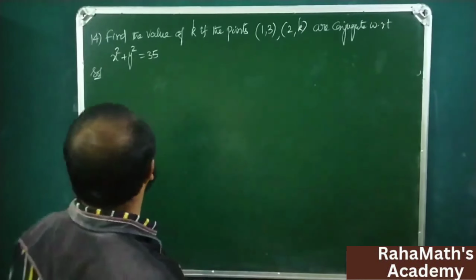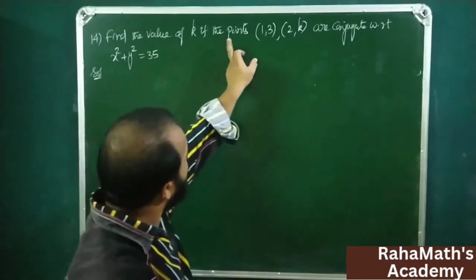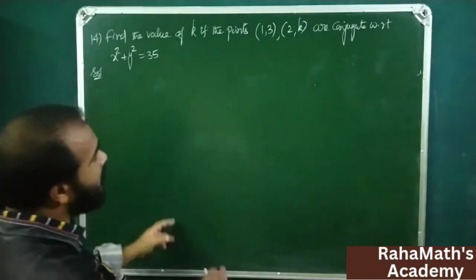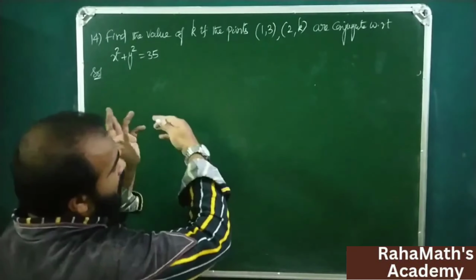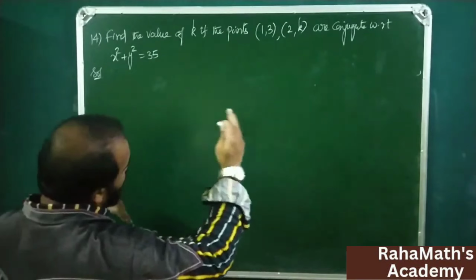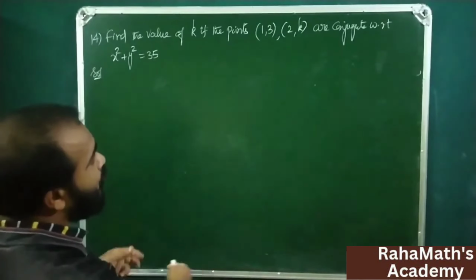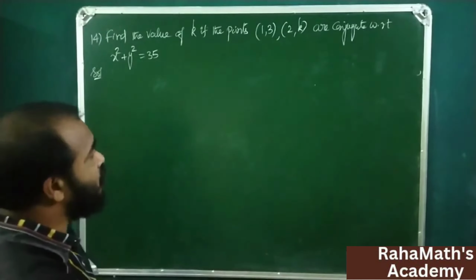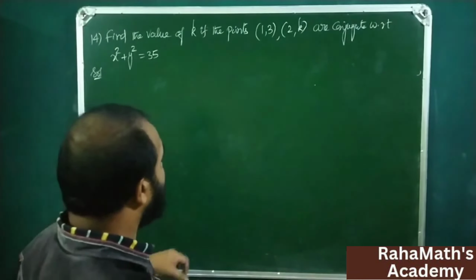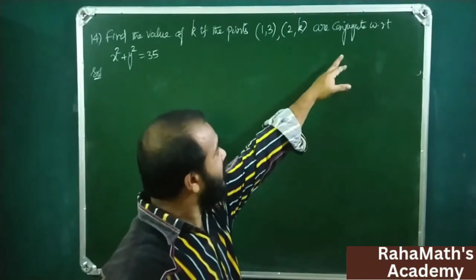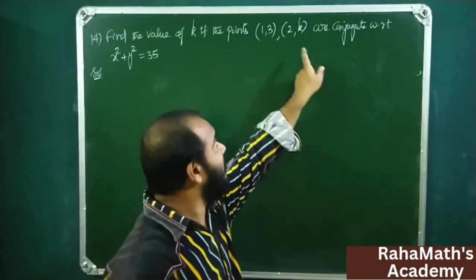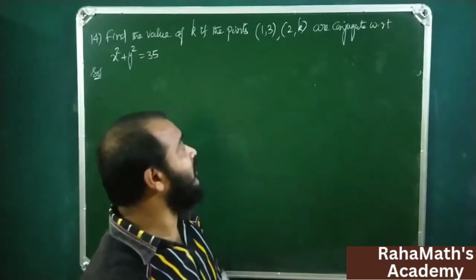The next question is, find the value of k if the points are conjugate. That means it is already given that the points are conjugate. So what is the condition for the 2 points to be conjugate with respect to circle S is equals to 0? S12 equals to 0. Because they are conjugate, we will take S12 equals to 0. In that course we will be getting k.